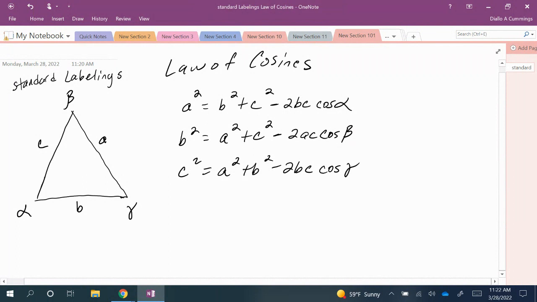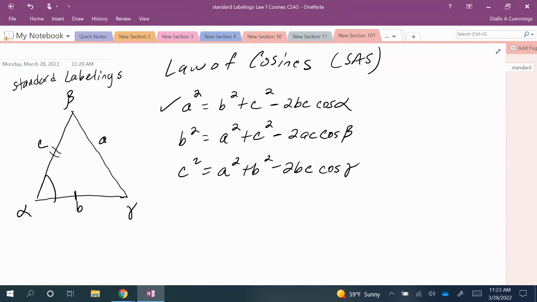For each of these setups, take the first one, where a squared equals b squared plus c squared minus 2bc times the cosine of alpha. We're given a side, angle, side set of measurements. We talked about those cases last time.